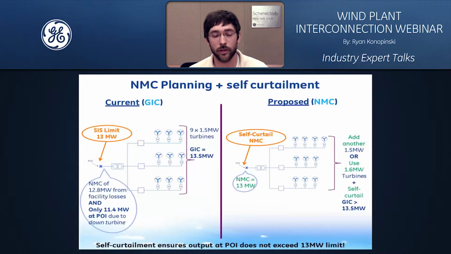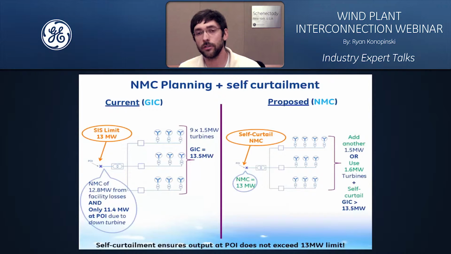In contrast, the concept of net maximum capacity basically tries to plan for the net injection equivalent to the reliability limit. So in this case, same location, but you could have either added an additional turbine, or maybe you've decided to perform some sort of upgrade to the turbine, either a hardware upgrade or a software upgrade.